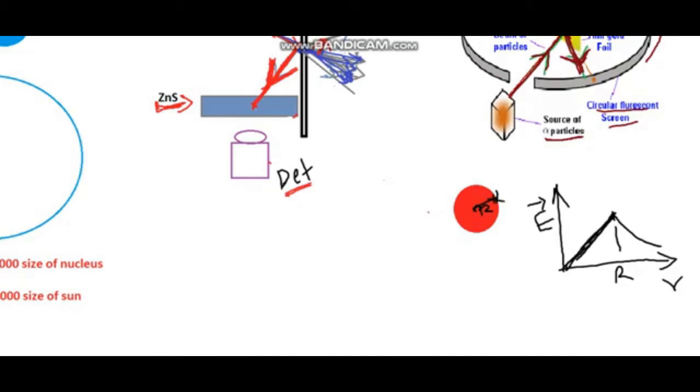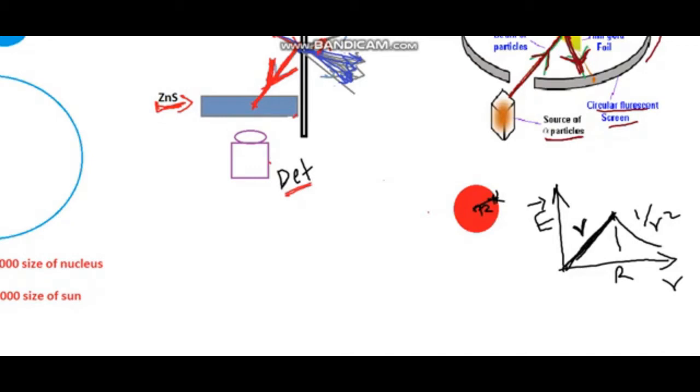That is the maximum electric field that you can observe. You also know that inside, the electric field will be proportional to r, and outside, in this region, it will be proportional to 1 by r squared.